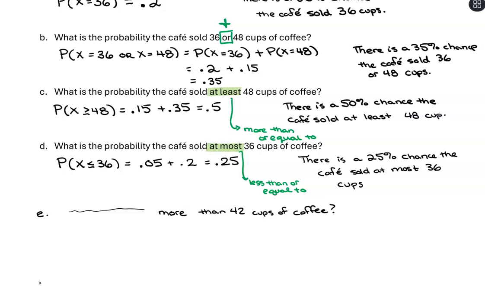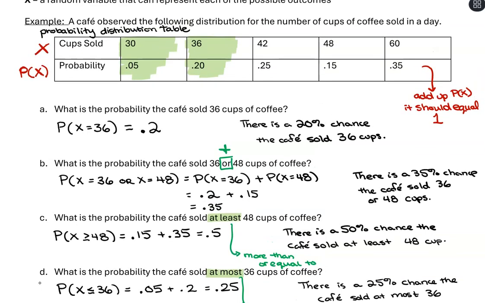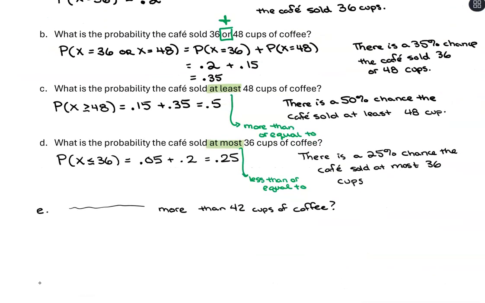So if we want to find the probability they sold more than 42 cups of coffee, more than or equal to would include 42, 48, and 60. But because it's just more than, we would not include 42. So my notation here would be P of X more than 42.